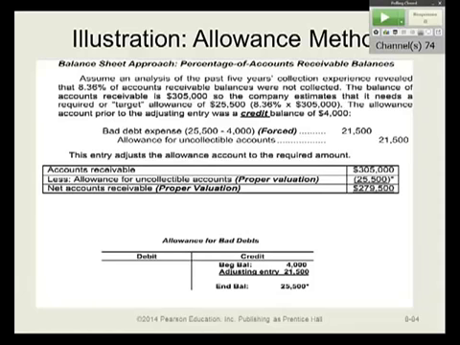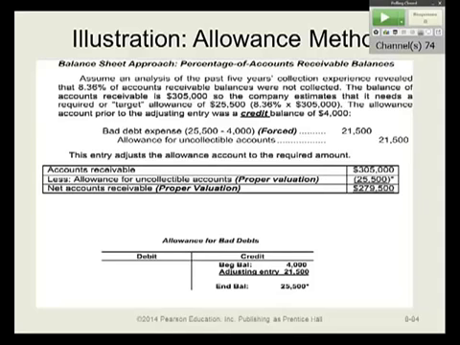Some methods will focus on balance sheet values, other methods will focus on income statement values. We just saw one in Chapter 6, which was inventory, so that the LIFO method is focusing on the expense, higher expense in higher periods of inflation. It gives you a better match with higher sales dollars, but where was the balance sheet? It was undervalued.